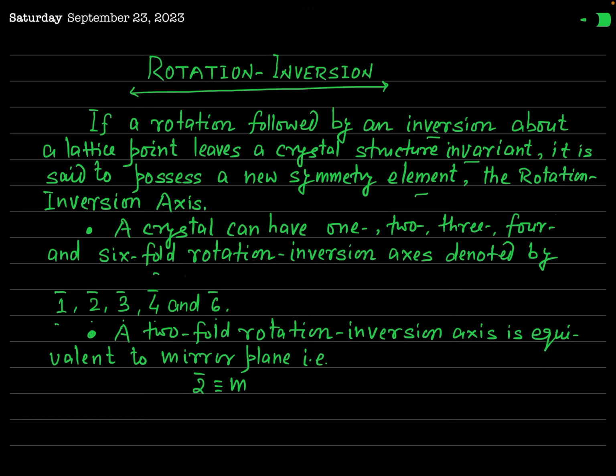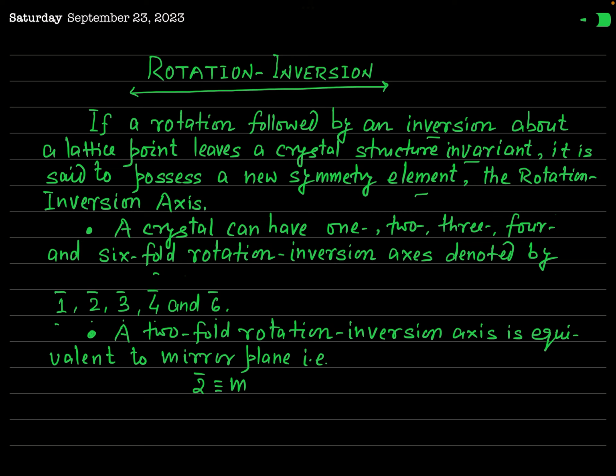Only the rotational symmetries possessed by a crystal are one, two-fold, three-fold, four-fold, and six-fold. So when we combine the inversion symmetry with rotation, and as five-fold rotation does not exist, the five-fold rotation inversion axis will also not exist.